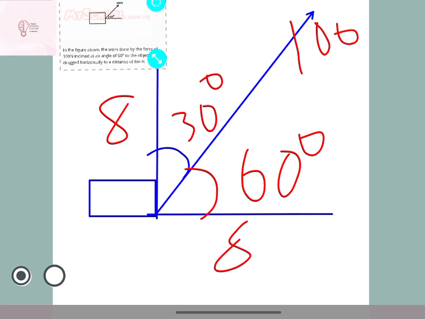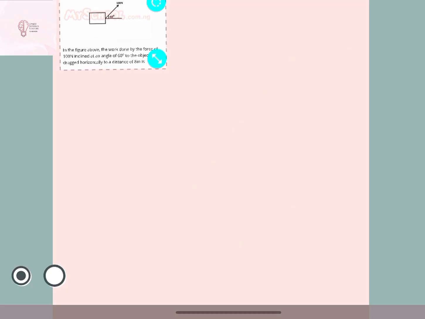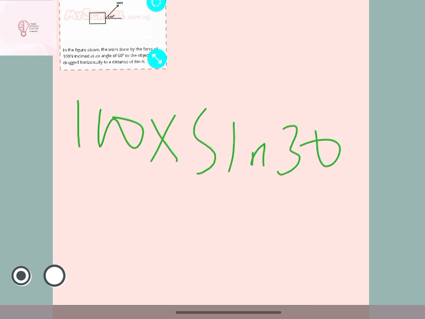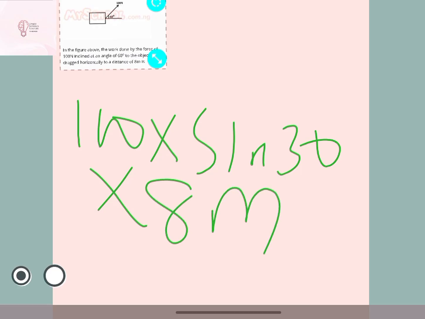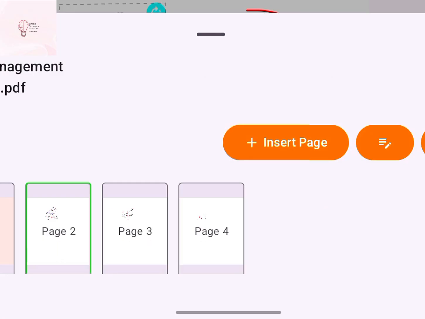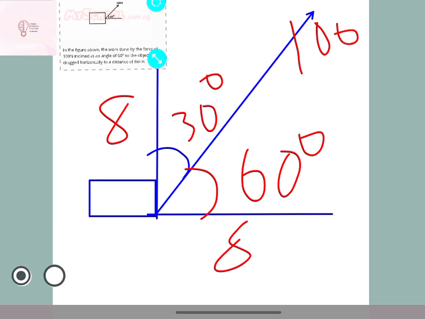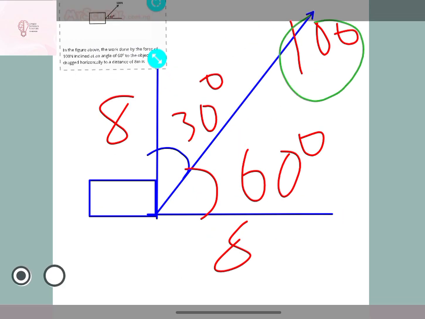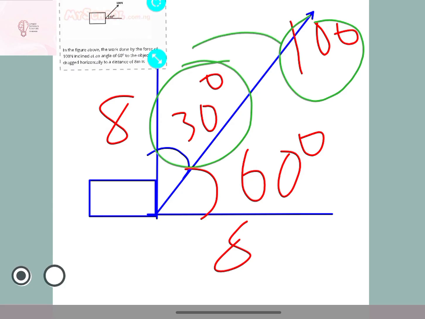Work done is going to be 100 times sine 30 times 8 meters. Okay, do you understand me? Because you are resolving this way, sine 30 times your 8. Are we there? So that's how to do this.